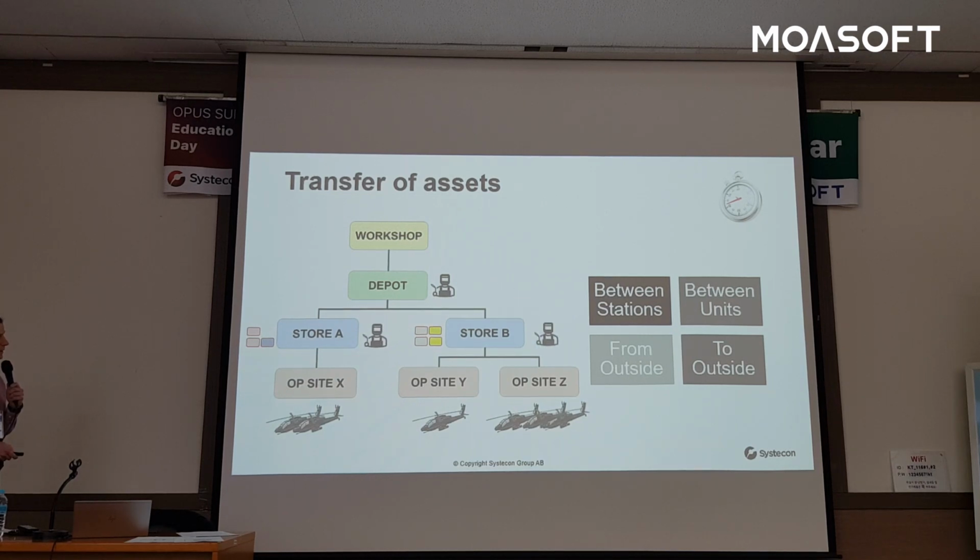We can also move around the stock over time if we think that we're moving. But maybe more probable is that we move in additional spares over time as well. So we can move things between stations, as we showed here, or units. And we can also move things from the outside, so we can take things into the model at a later point in time.